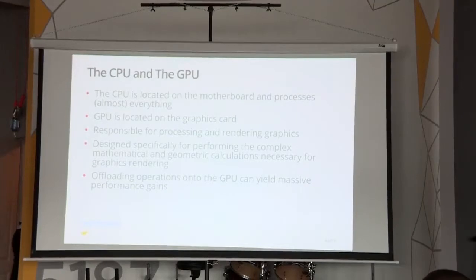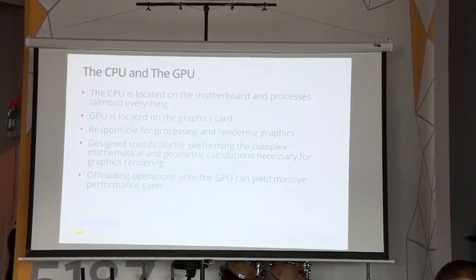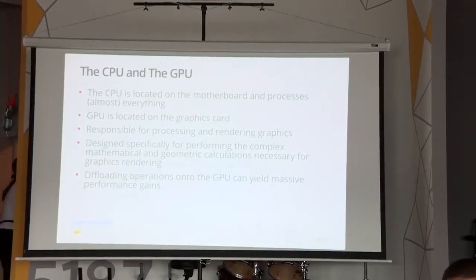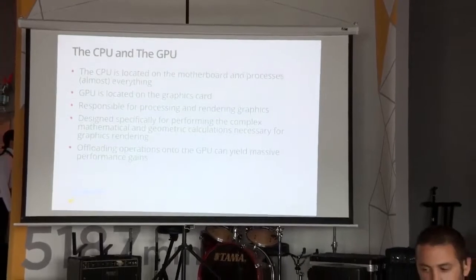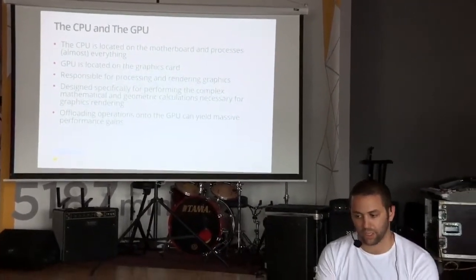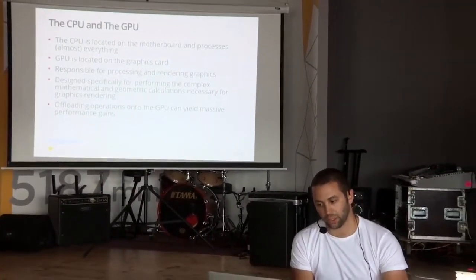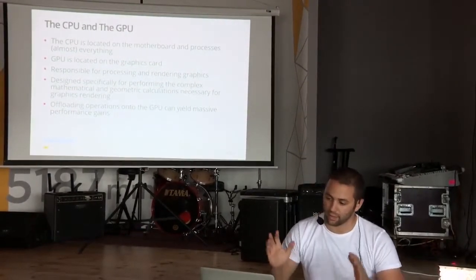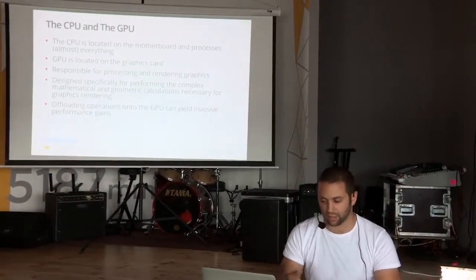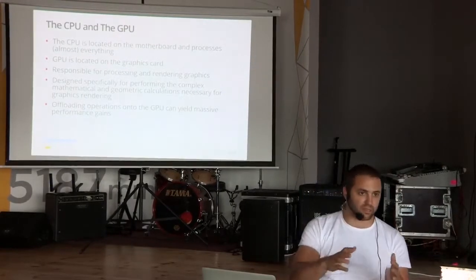In order to understand how this works and the tricks, you need to say a couple of words about CPU and GPU. I guess most people know what a CPU is. All the calculations that are done on a computer pretty much are executed there. The GPU is a graphics processing unit, which is on the graphics card, and that's responsible for rendering graphics. It's actually specifically designed for that.